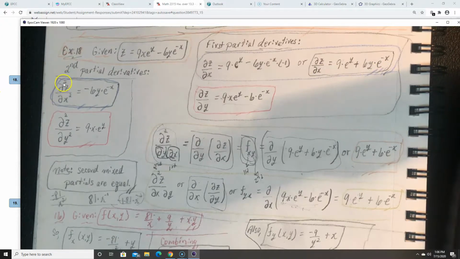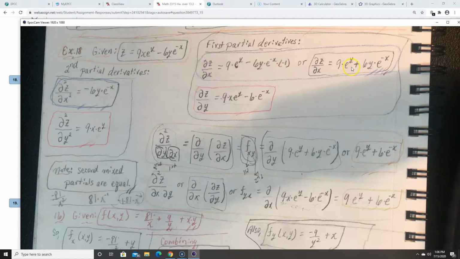The second partial derivative of z with respect to x both times. Both the first time partially and the second time partially with respect to x. This is already the first derivative of z with respect to x, partially. And now take this and differentiate that with respect to x, which gives us our second partial derivative.